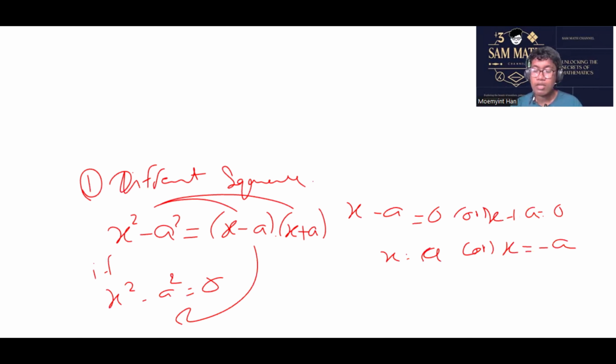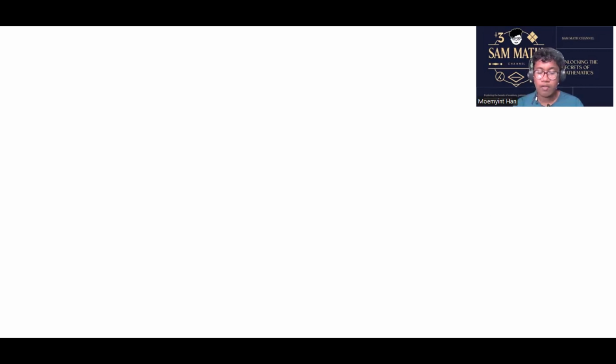Let me put in some real numbers so you can understand it a bit further. Let's say we see x squared minus 25 equals 0.